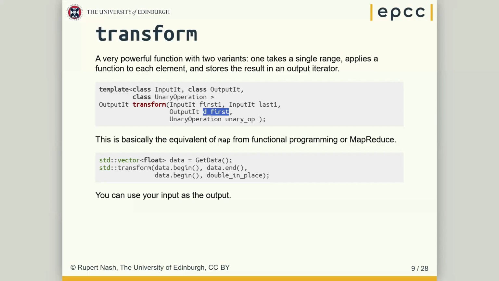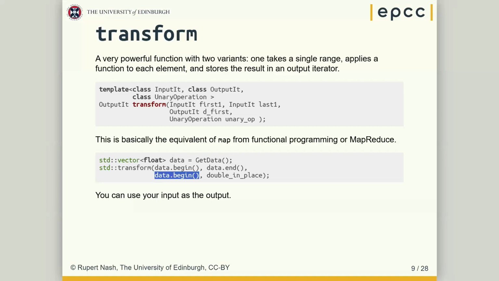So here, this example below is again our double in place. We've got some data source, which is from some location. I've assumed that get data is defined somewhere else. And I transform this data and double it in place, where the input to the data is at the beginning and the end of data is at the last position.